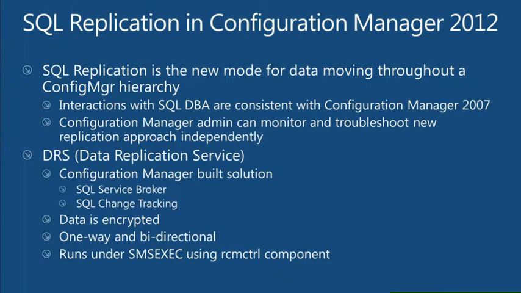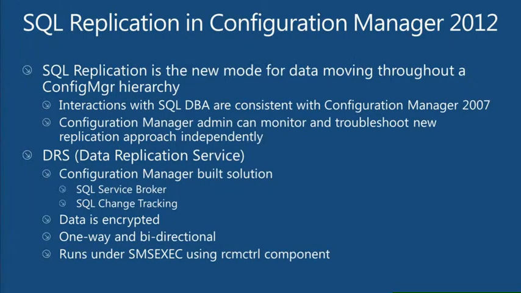So we have our own replication technology. We call it the DRS, the Data Replication Service. It's built by the Configuration Manager product team. It relies on SQL Server technology, but we're not using SQL replication itself. So we're using SQL Server Service Broker and SQL Change Tracking to find rows in tables that have been modified, and then using the Service Broker to go ahead and get those moved over to the upper level site or the down level site appropriately where you are.